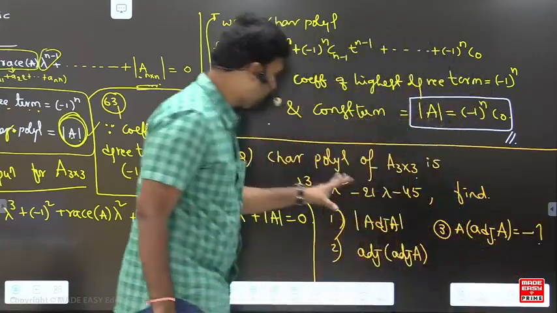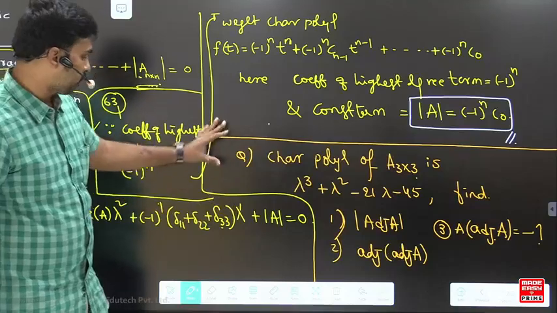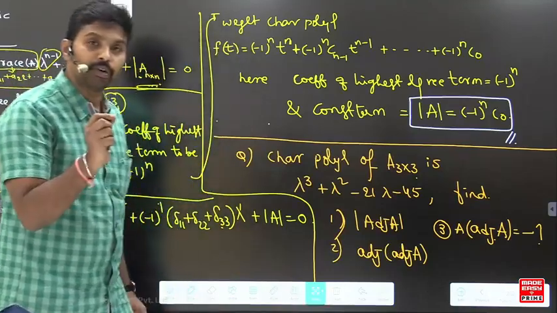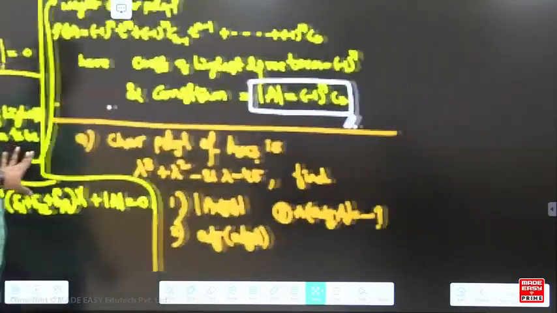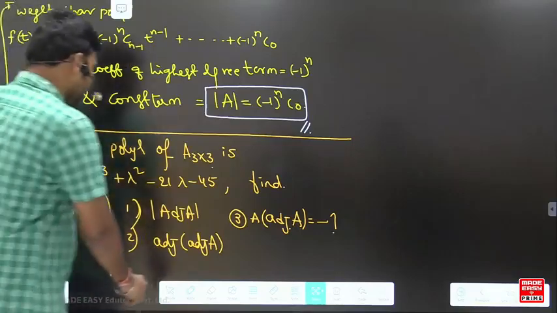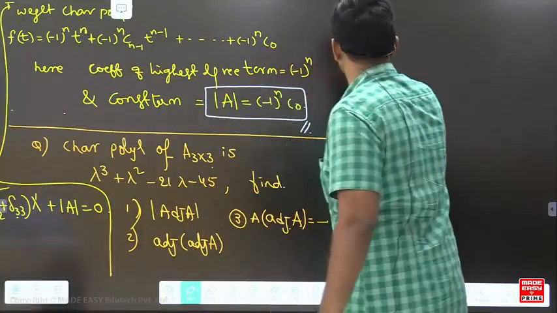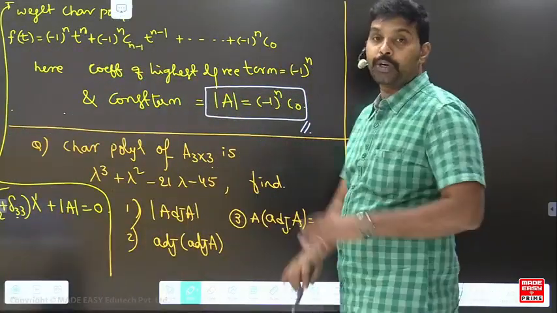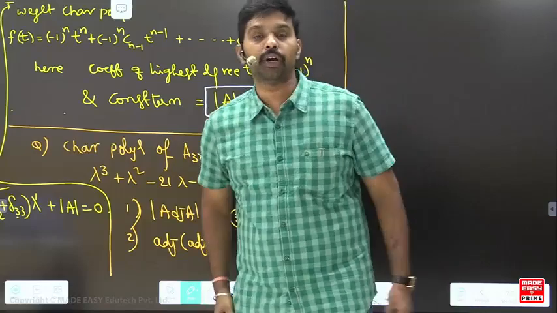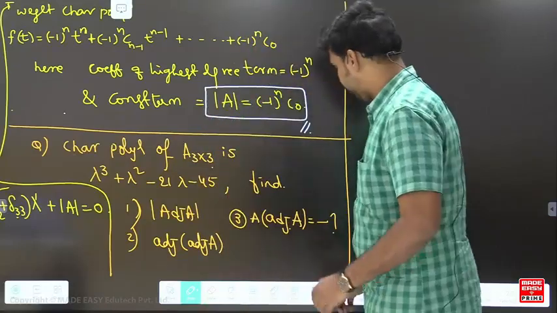So I have to find all three of these from this question. A very beautiful question. If you do this question, you will get the relation between all the things you have studied. You are going to connect the things you have studied through this question.